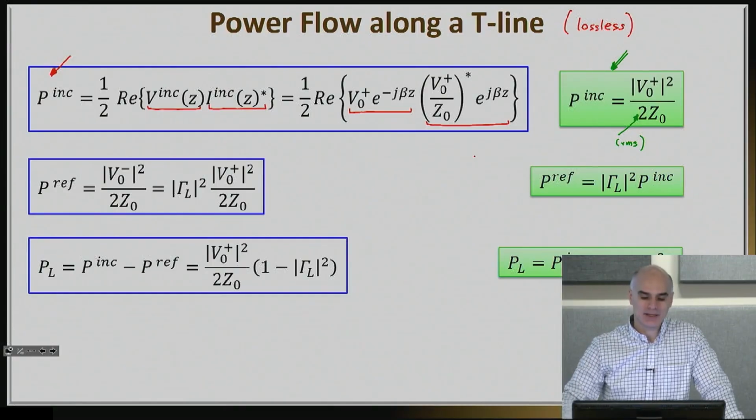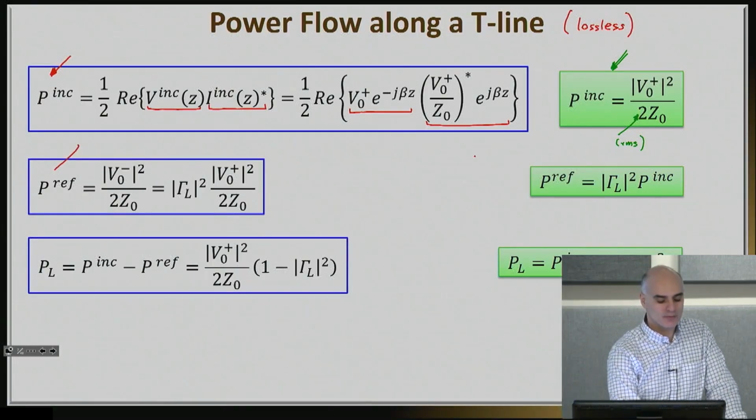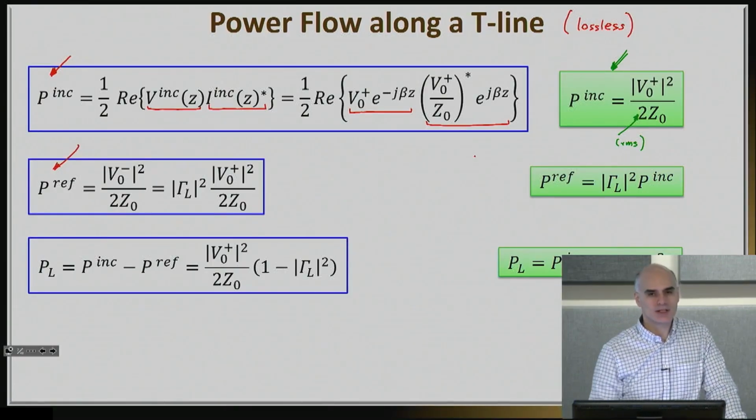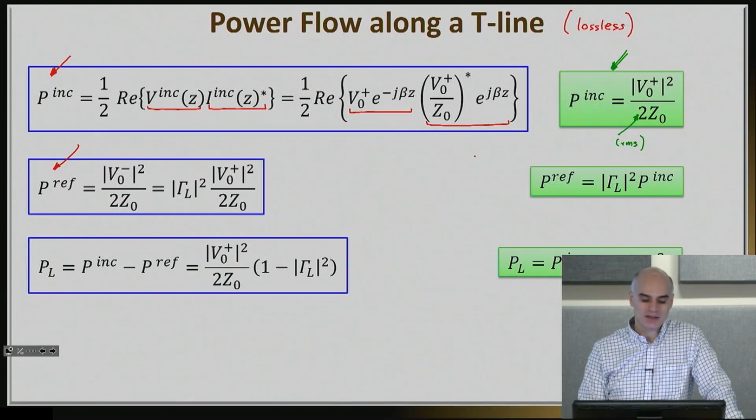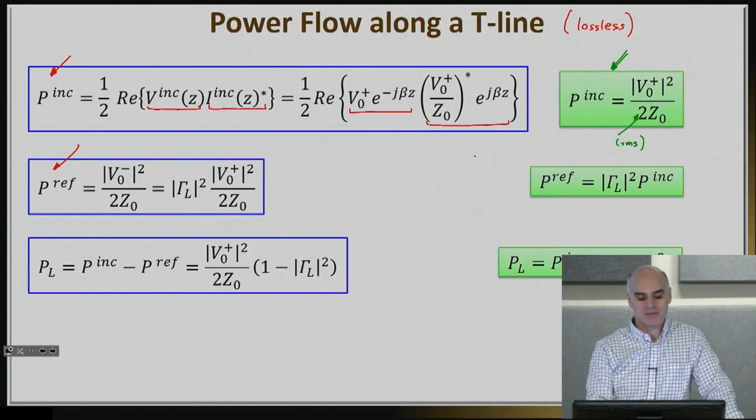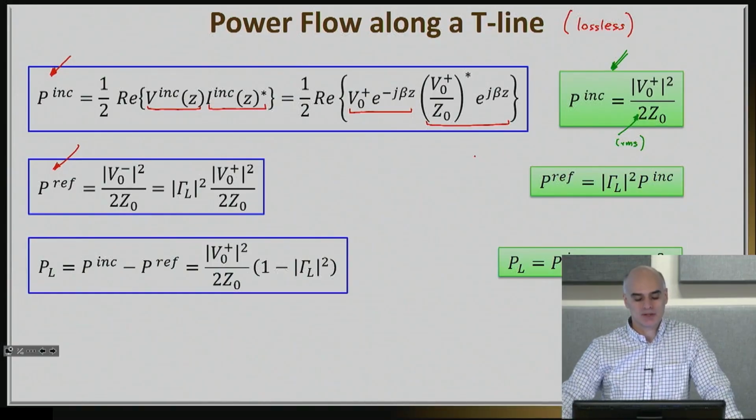Similarly, I can actually find out the power reflected from the load. In other words, this is the power that the reflected wave moves away from the load. The reflected wave has a magnitude of V naught minus, and so if I basically plug in exactly the same expressions as I had before, where I simply replace V naught plus with V naught minus, I will get the expression that you see right here.